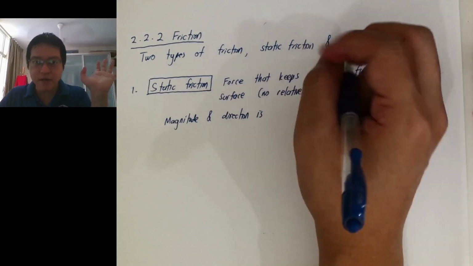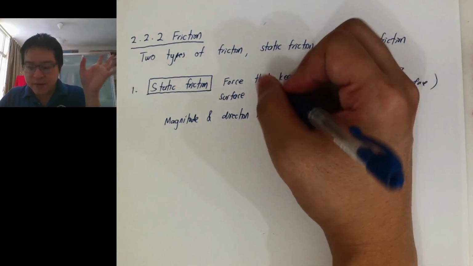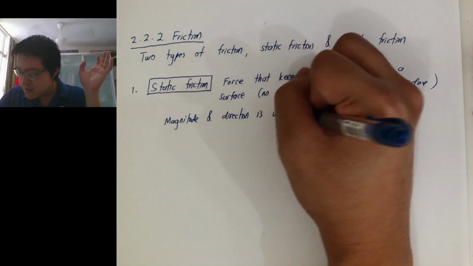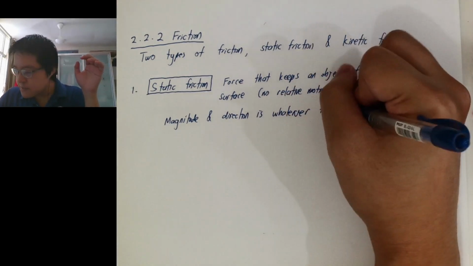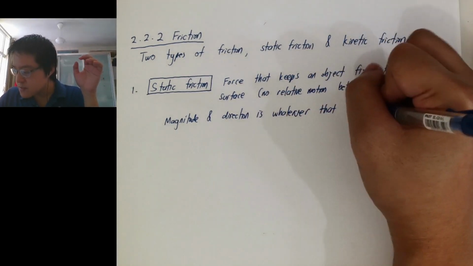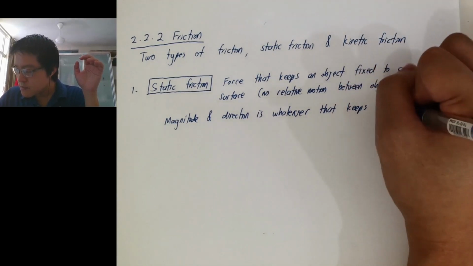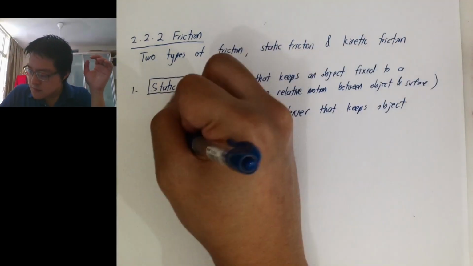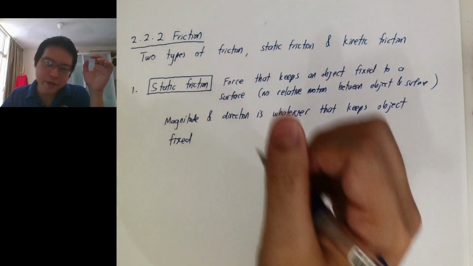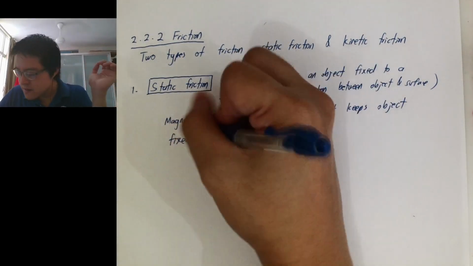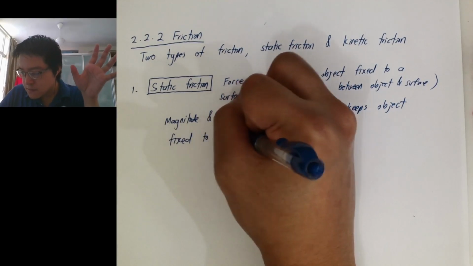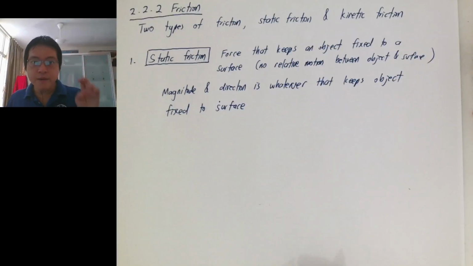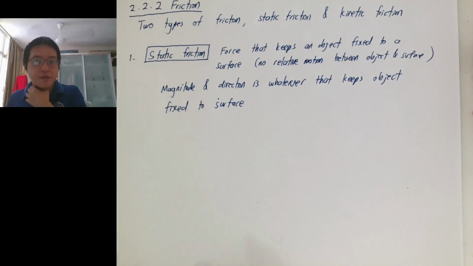For now, just remember that magnitude and direction is whatever, as long as it keeps the object fixed to the surface. That's why it's very weird. It seems like it could be anything, as long as you keep it fixed to the surface. Okay, so that is static friction.